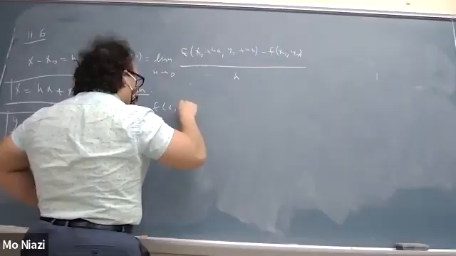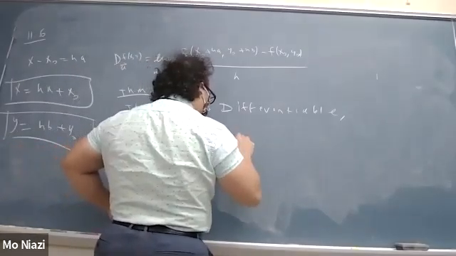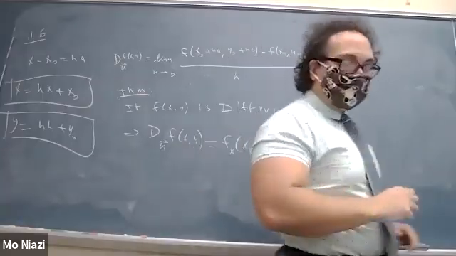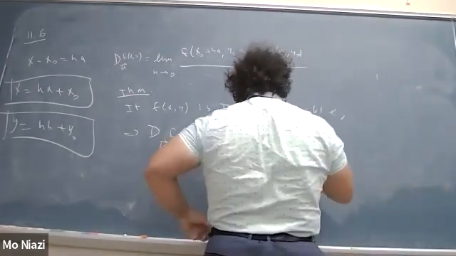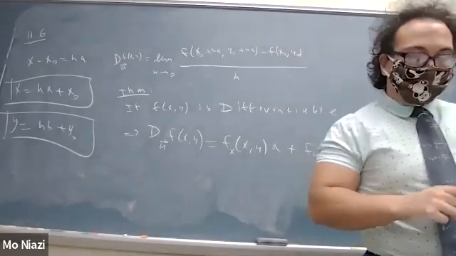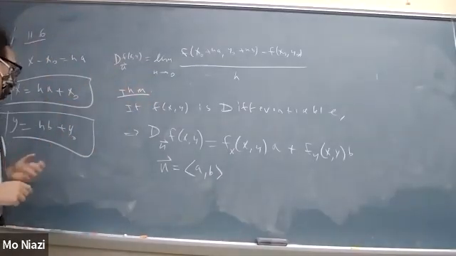If f(x, y) is differentiable, this implies that the directional derivative in the unit vector u of f is equal to f_x times A plus f_y times B, where A and B are the components of u. Clearly, that's when in our previous formulation, h was equal to 1.